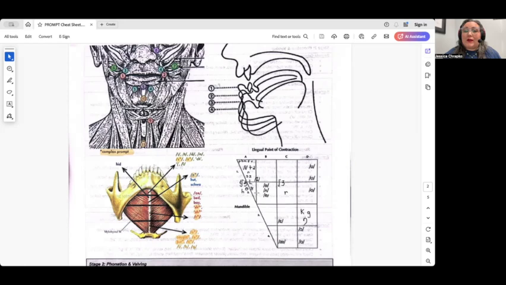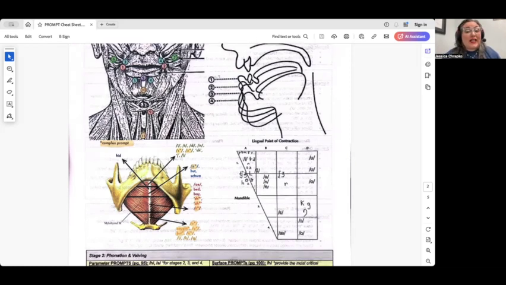Other sounds around jaw height 2 include voiced th, voiceless th, your h sound, and your r sound. Sounds at jaw height 3 include the vowel like head, bet, bed.